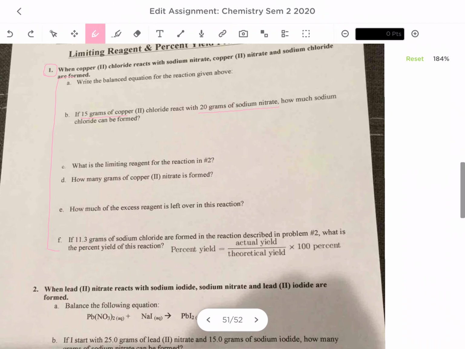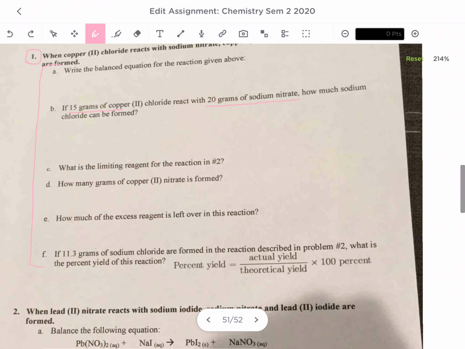How many grams of copper nitrate can be formed? Copper 1 nitrate. Okay, so this one, you're just going to do this problem. How many grams can you make? You're going to have to look at these given amounts and do that. And then E, how much excess is left over? So take your limiting reagent, start with your limiting reagent, like how much you actually made, your theoretical yield, and then go back, it's asking you how much is in excess.